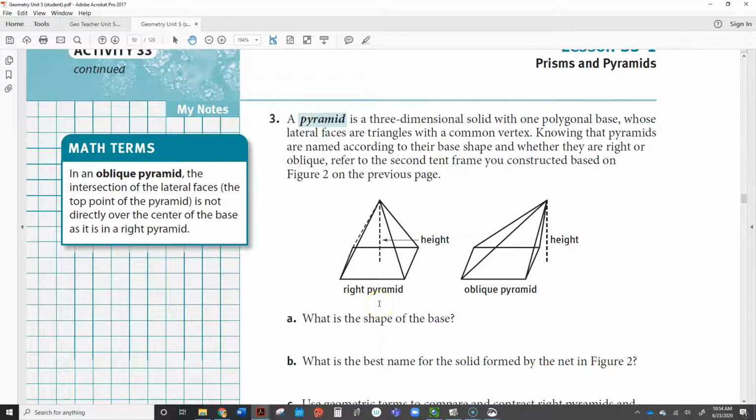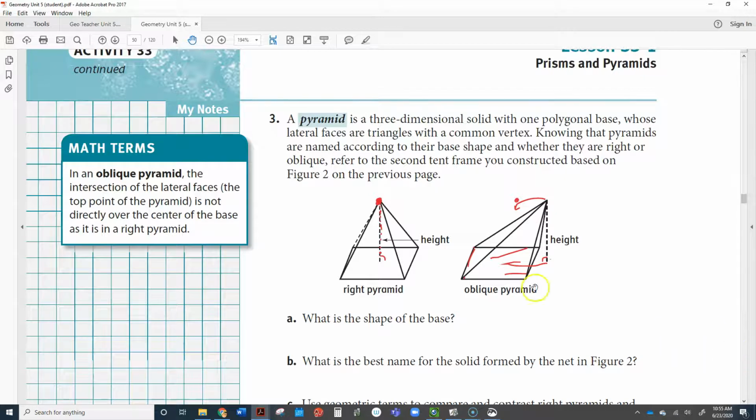Now for pyramids, if it's a right pyramid, then this point of this vertex up here is going to be perpendicularly placed immediately above the middle of that base. This one over here, you can see it's leaning, okay? So this base is right here, and this had to come down to the same level as that base. But since the tip is not in the middle of the base, then we have to find out how far it is to the floor.